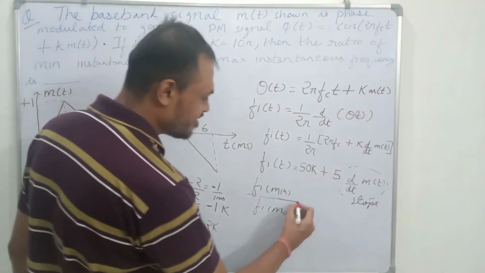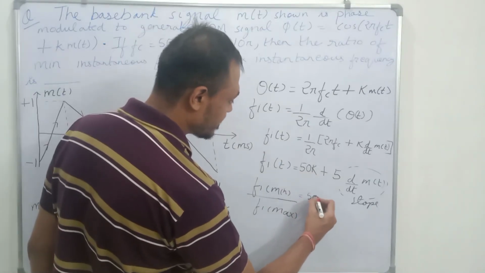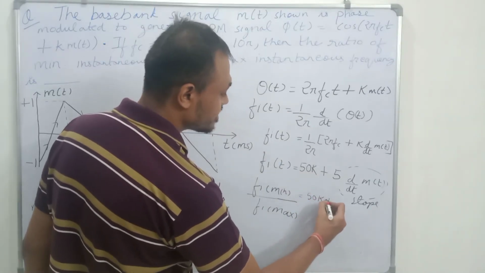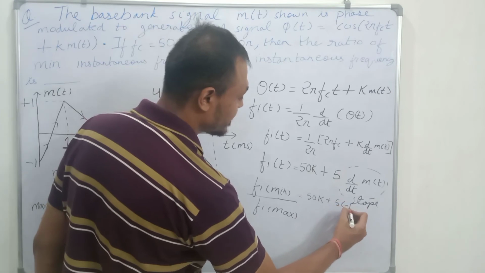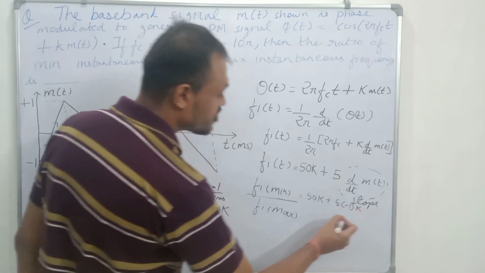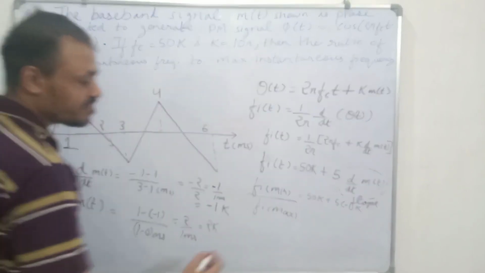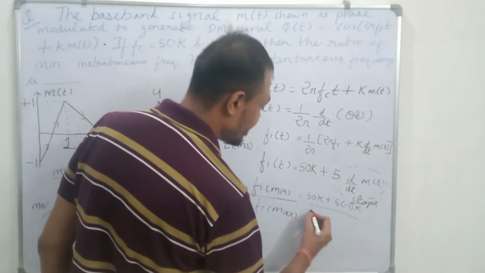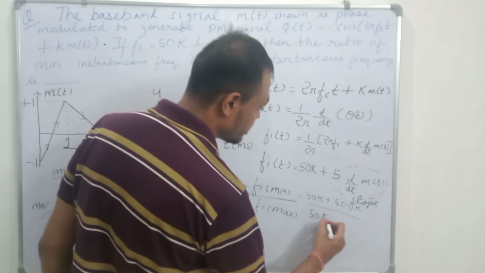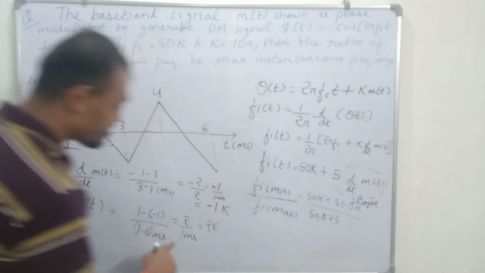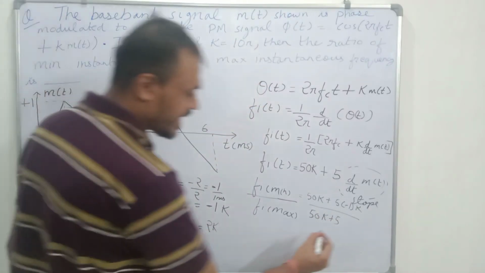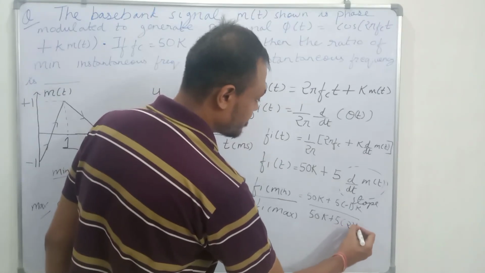So fi minimum will be equal to 50k plus 5 into minus 1k, because the minimum slope is minus 1k, and fi maximum will be equal to 50k plus 5 into 2k, because the maximum slope is 2k.